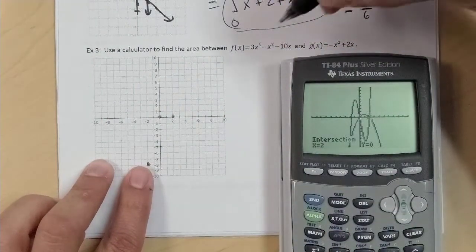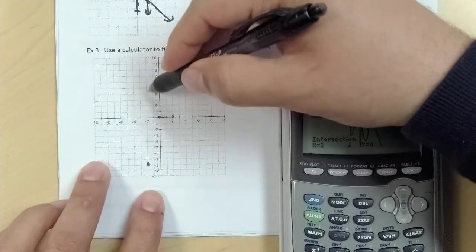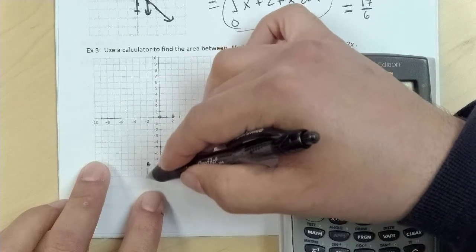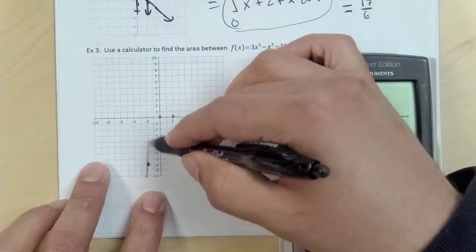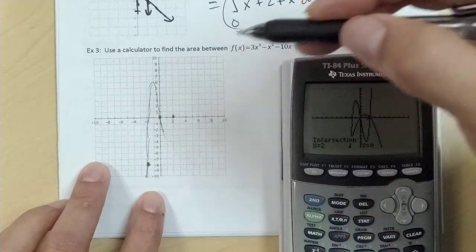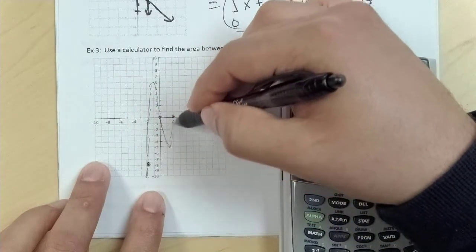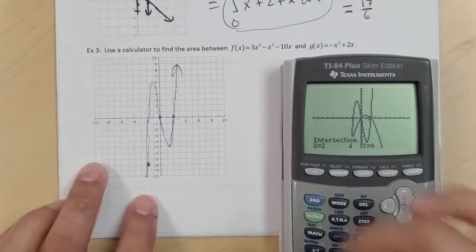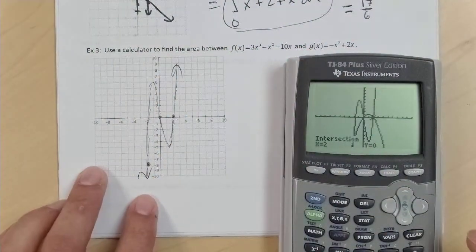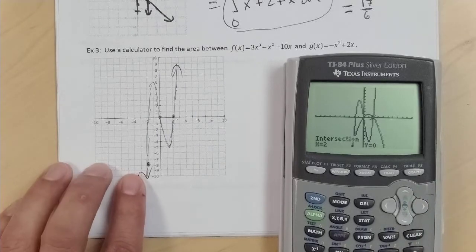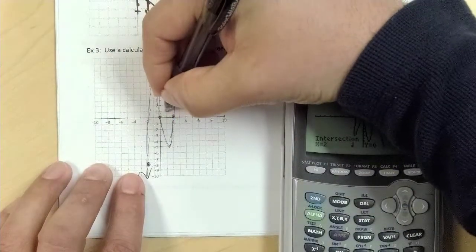And I have a cubic. And again, it doesn't have to be a perfect sketch, but a cubic goes up, comes down, comes back up. So here's roughly what my cubic looks like. This is just a visual aid. It's not so much needed for accuracy, but this will help me see what I need to do. And now my parabola is over here.